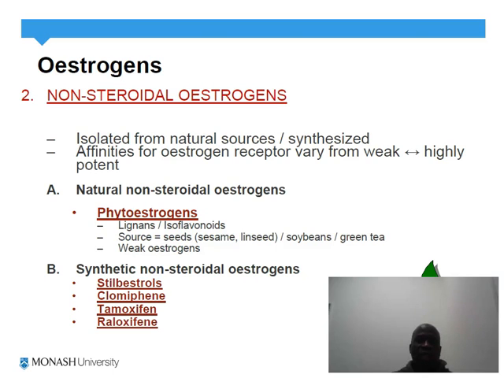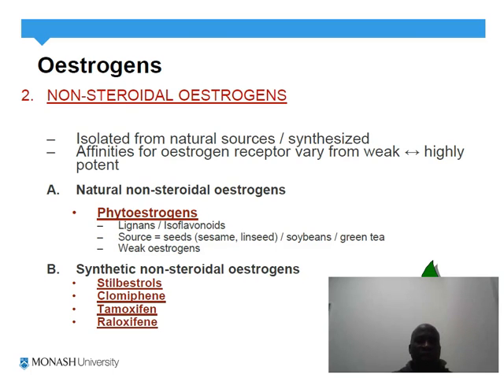For example, in sesame and linseed, and also soybeans, green tea. So these are some of the sources. Of course, these are characterized by weak estrogens, because they're not very strong as compared to natural and steroidal estrogen.